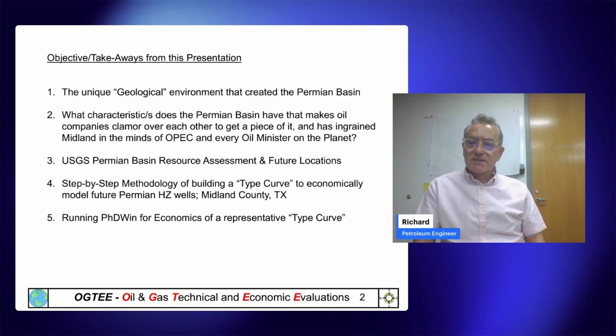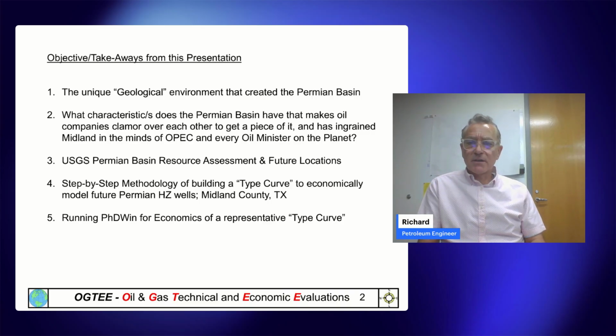The crux of this presentation is based on a step-by-step methodology of building a type curve to economically model future Permian horizontal wells in Midland County specifically. Once again, type curves are area specific, and I'll go through a process of what was used for the area that I chose. I'll be perfectly honest, this is not an easy area.